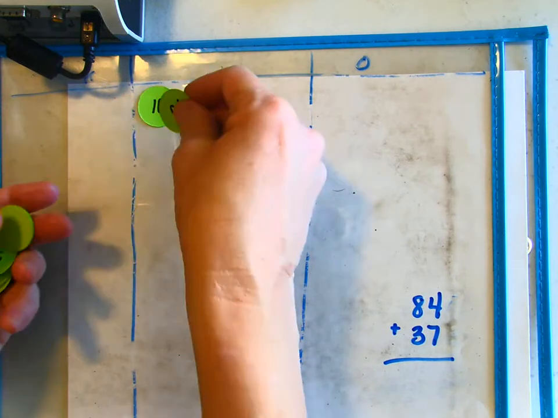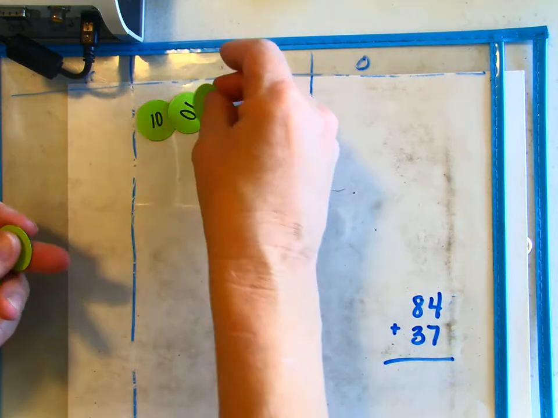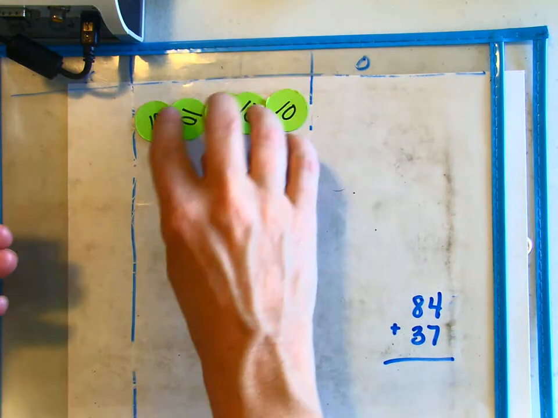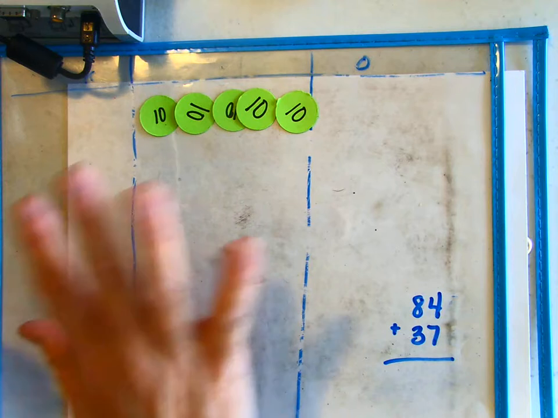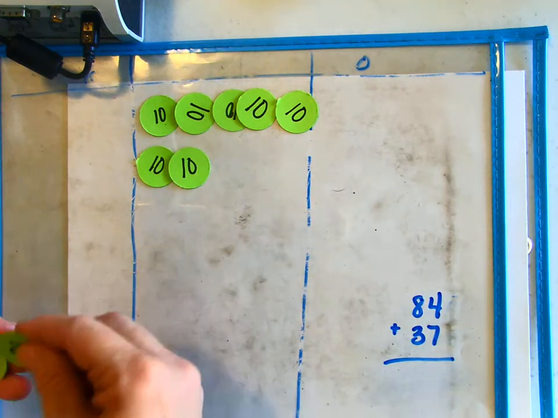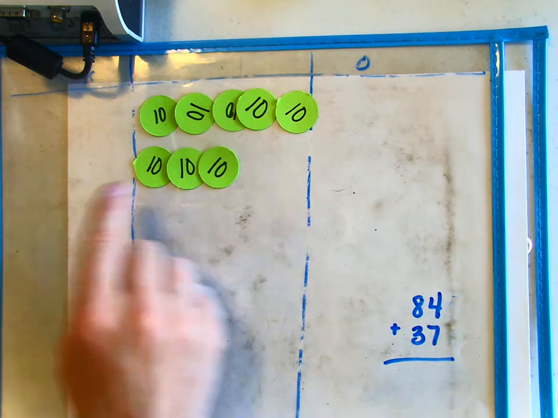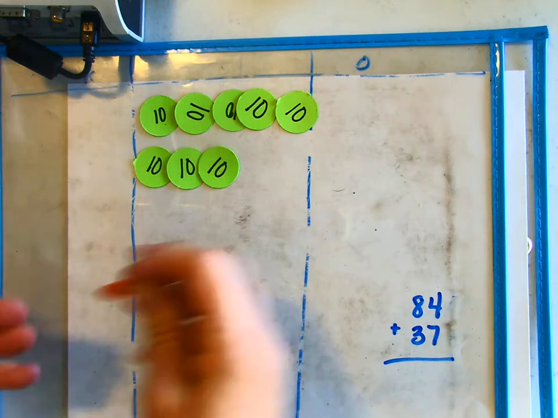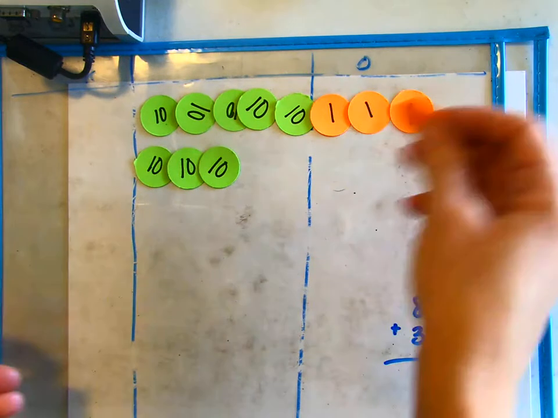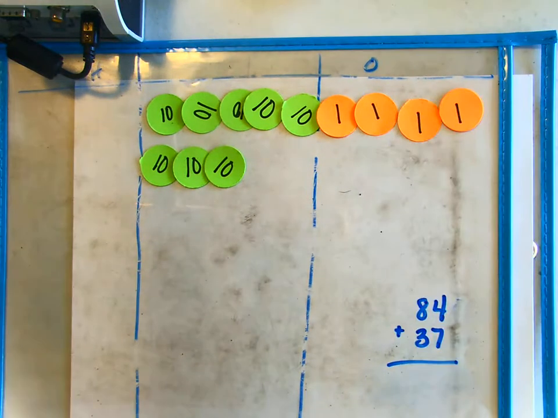So 10, 20, 30, 40, 50, doing them in groups of 5 because it's just so much easier to see. 60, 70, 80, 8 tens and 4 ones, 81, 82, 83, 84.